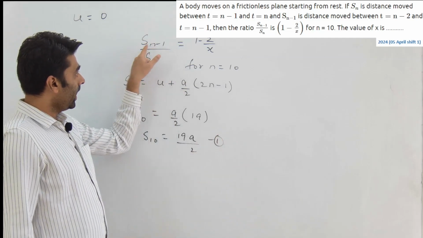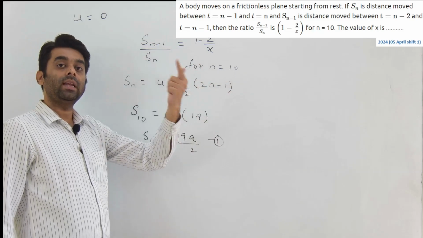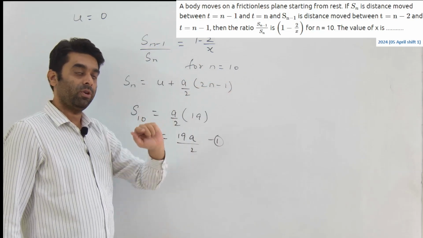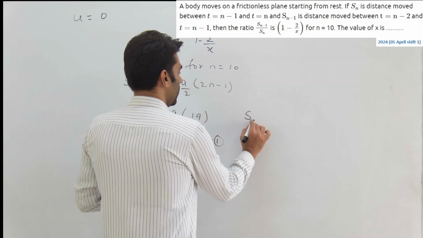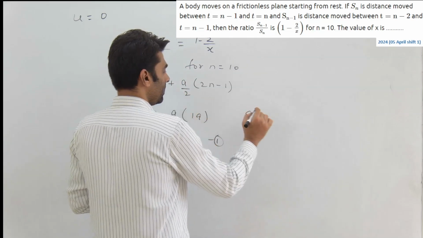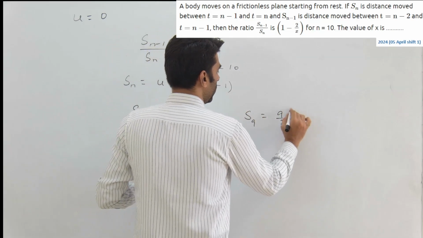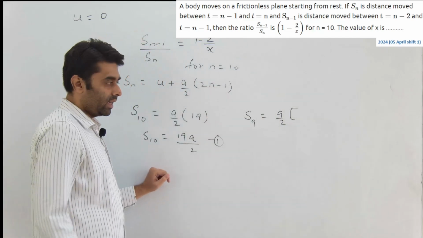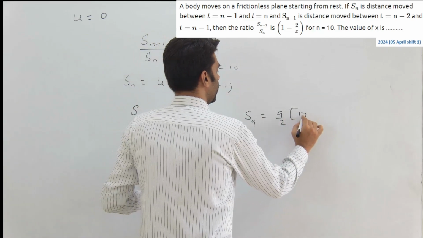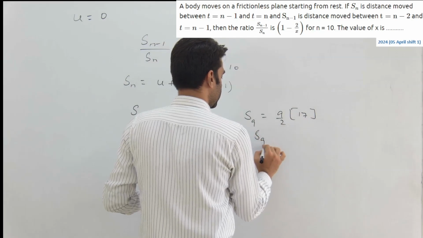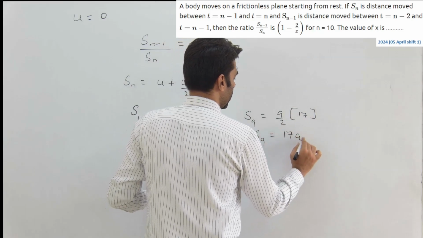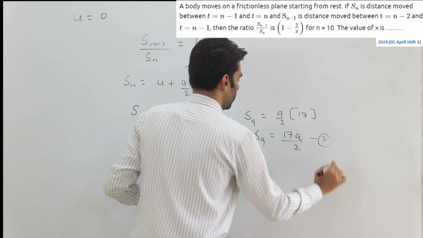Now n minus 1 will be 9 seconds. So what is the displacement for the 9th second? S9 will be, u is anyway 0, so a by 2 into (2n, that is 18, 18 minus 1, 17). So we are getting S9 equals 17a by 2, equation number 2.